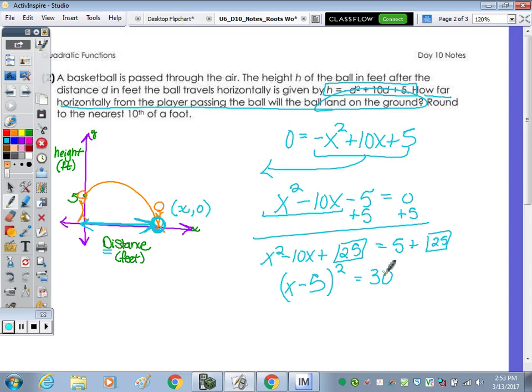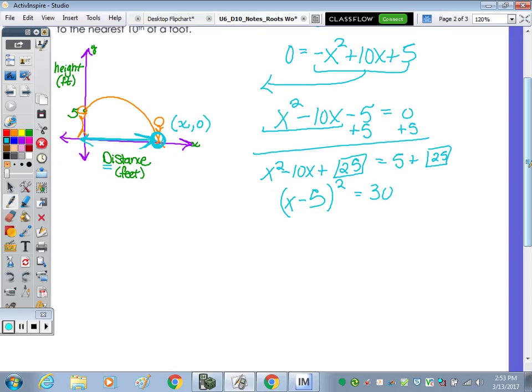Once we have it written as a square, then what do we do to both sides? Find the square root. So take the square root that now gets rid of the parentheses. We have x minus 5 equals, since it's an equation, whenever you do one side, you have to do the other. And then I'm missing one thing here, which is what?